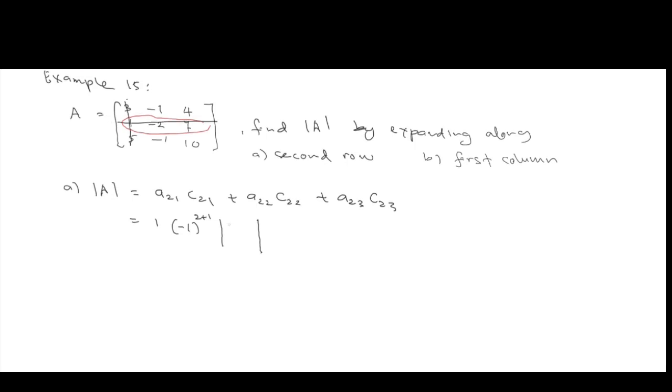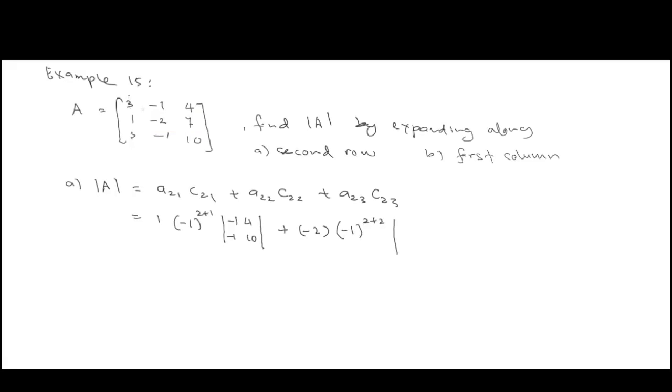So the remaining matrix will be [-1, 4; -1, 10], plus a22. a22 is -2, multiplied by the cofactor, -1 raised to the power of 2 plus 2. And we delete the second row, second column.